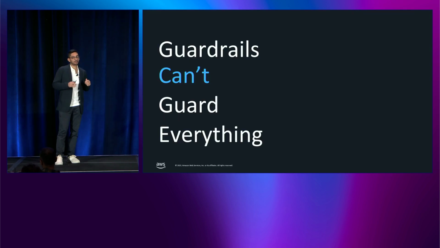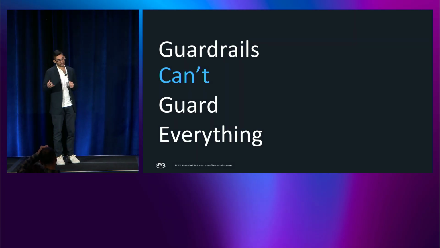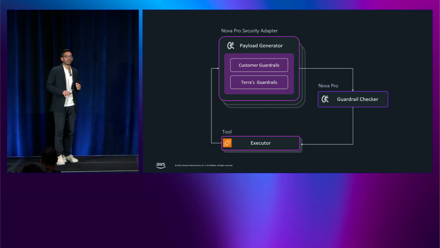So if guardrails can't guard everything, we need a second line of defense. If payload generation is offense, then we need a dedicated defense. And like every problem, we have a Terra. We solve it with a new agent. This time, the guardrail checker.